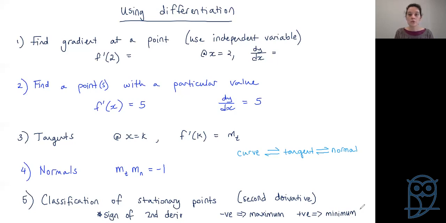So when it comes to classifying stationary points, yes, we learn how to do it with a gradient pattern, but then we very quickly learn that using the second derivative is much faster, much more efficient, and much less prone to error. If you continue to A-level maths, then you will be doing it by gradient pattern, because in A-level maths you come across functions where you can't do it using the second derivative.